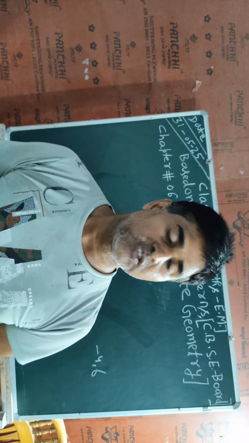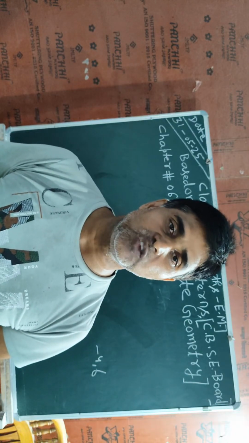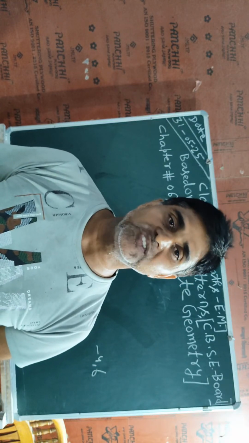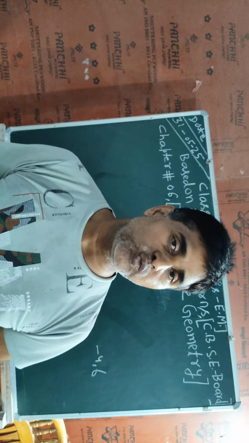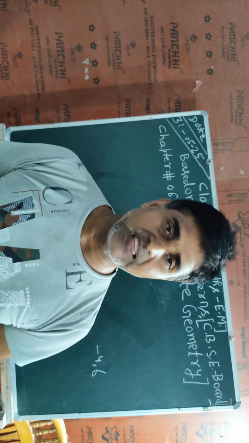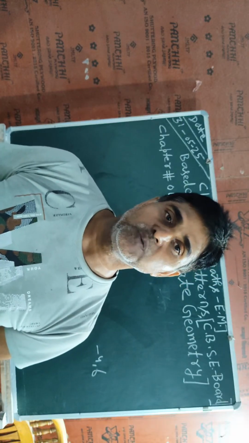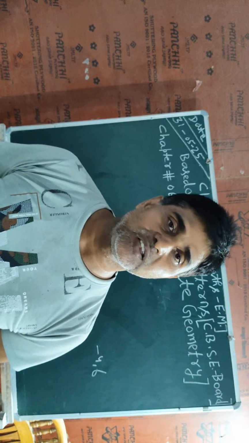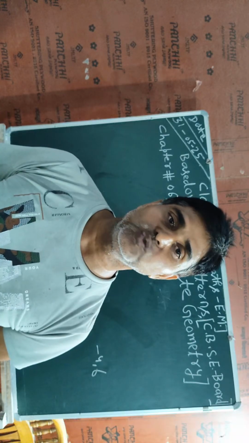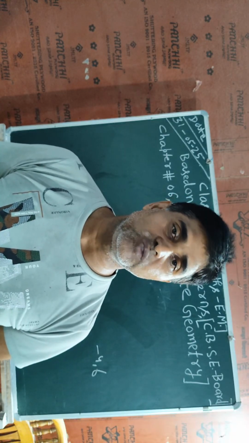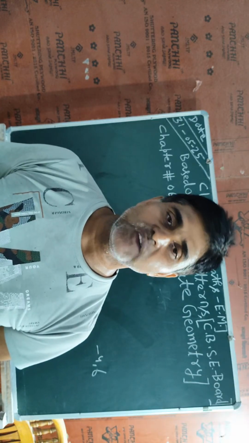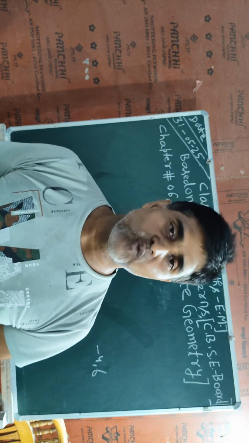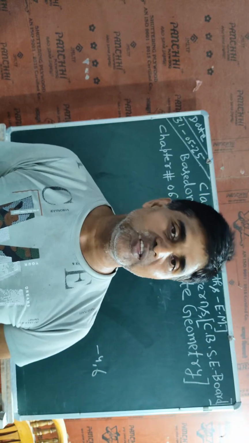Next, I discussed and proved the section formula. If 2 points are given and one point divides the line segment in the ratio m1 to m2, I got the intersection point by using the formula: x is equal to m1 x2 plus m2 x1 divided by m1 plus m2, and the y coordinate is m1 y2 plus m2 y1 divided by m1 plus m2.